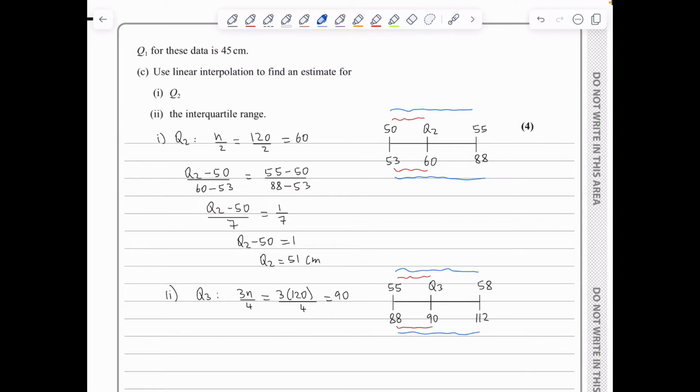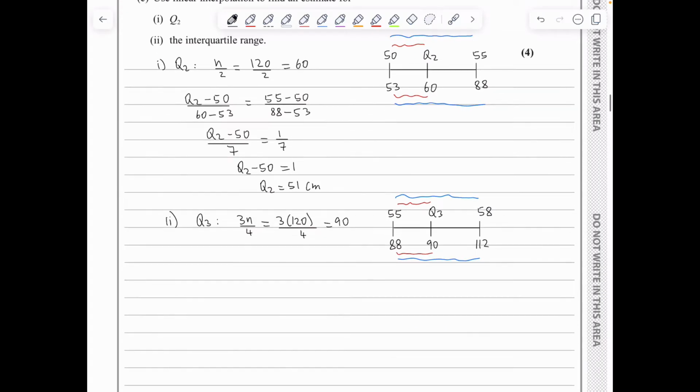So I've got Q3 minus 55 over the 90 minus 88 is equal to 58 minus 55 over the 112 minus 88. So Q3 minus 55 over 2 is equal to 1 over 8, and if I cross multiply, I get Q3 minus 55 being equal to 0.25, which means that the upper quartile Q3 is 55.25 centimeters.